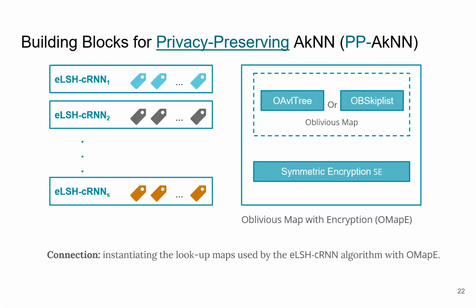Note that the existing secure definition for oblivious map is not sufficient, as it only provides obliviousness, namely hiding the access pattern. But it does not provide data privacy in the presence of adaptive adversaries. Therefore, we propose a secure definition for OMAP-E addressing those security properties.